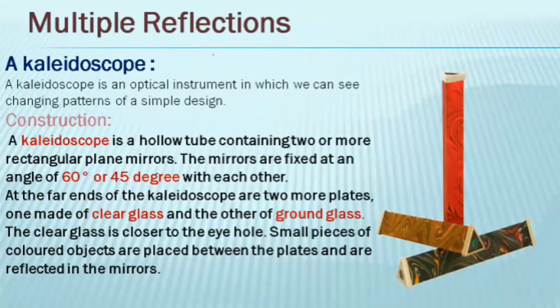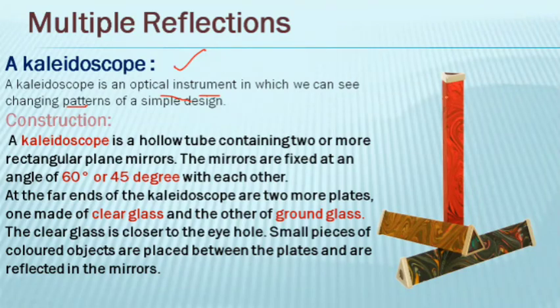Next, multiple reflection is also very useful, and we use it to make the kaleidoscope. A kaleidoscope is an optical instrument that is used as a toy and for a relaxing purpose. Here we can see the changing patterns of a simple design. What we do is take a hollow tube in which we use three mirrors.